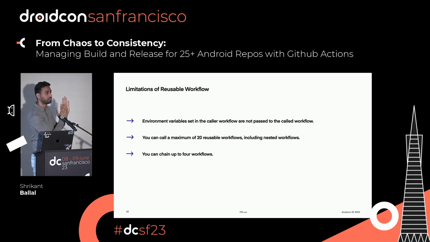It becomes part of the caller workflow. So that's probably why there is a limit on the number of reusable workflows that we can use. And you can chain up to 4 workflows in nested fashion, from one to the next to the next. We haven't got into that situation yet.